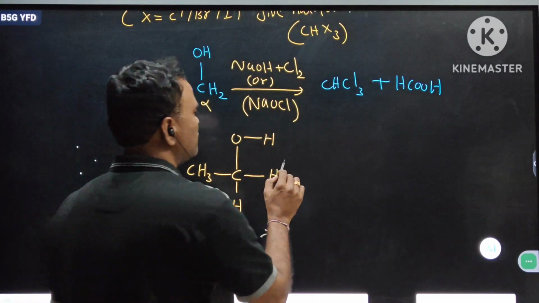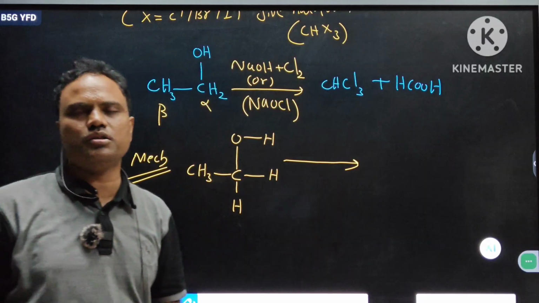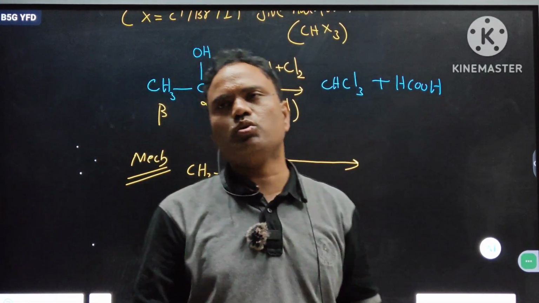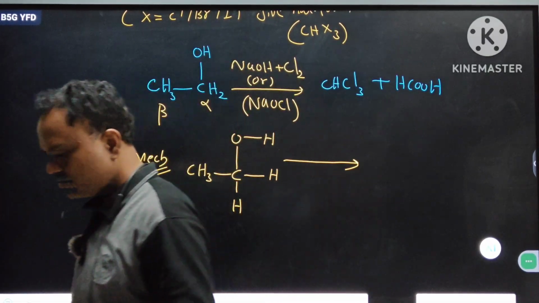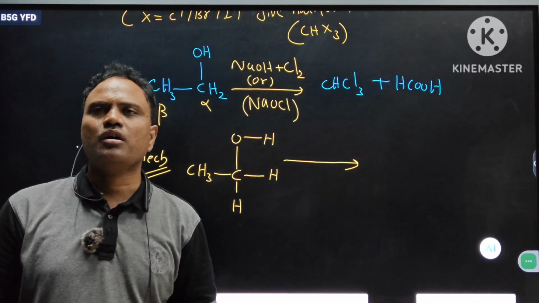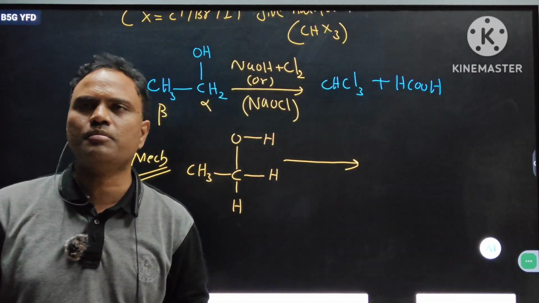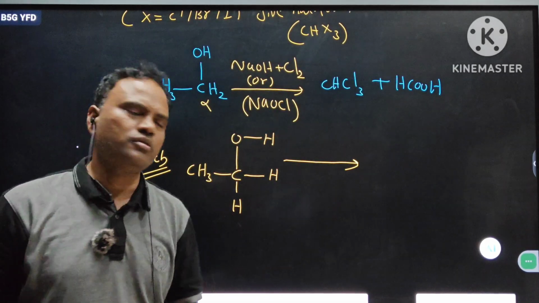I gave a list of mild oxidizing agents. Once you can check in your notebook. Is Cl2 a mild oxidizing agent or not? PCC, PDC, copper oxide, silver oxide, and the last I gave chlorine, bromine, iodine. These are mild oxidizing agents.